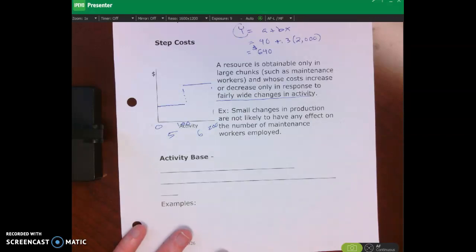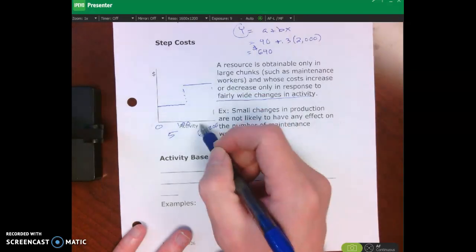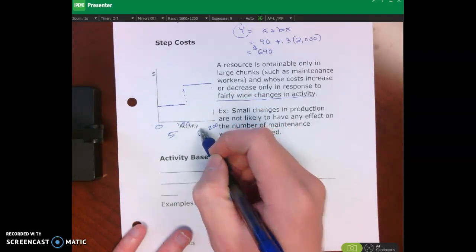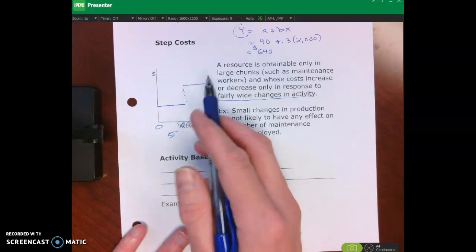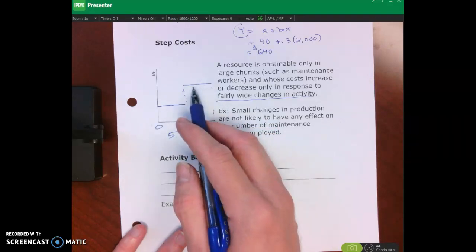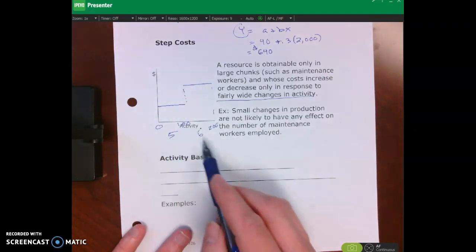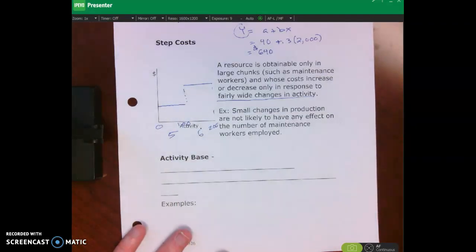But eventually it's just too much for them to deal with, and we have to hire an additional worker. And so then when we hire that additional full-time worker on a salary basis, our fixed costs, because it's salary, would increase because we moved from 5 workers to 6 workers. Okay? And so that's the idea of step costs.